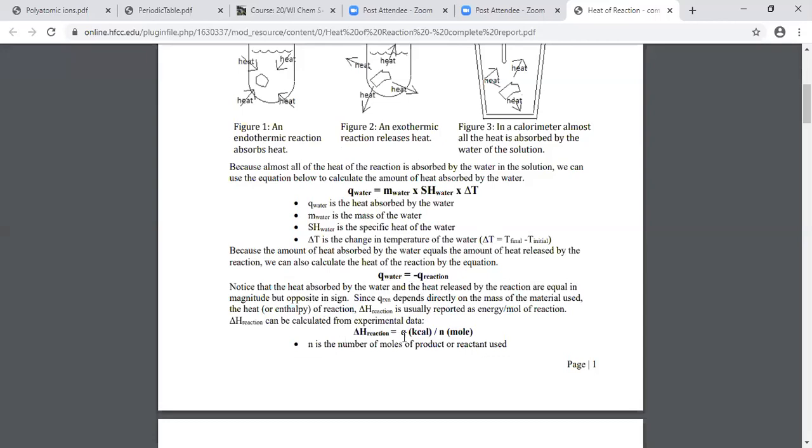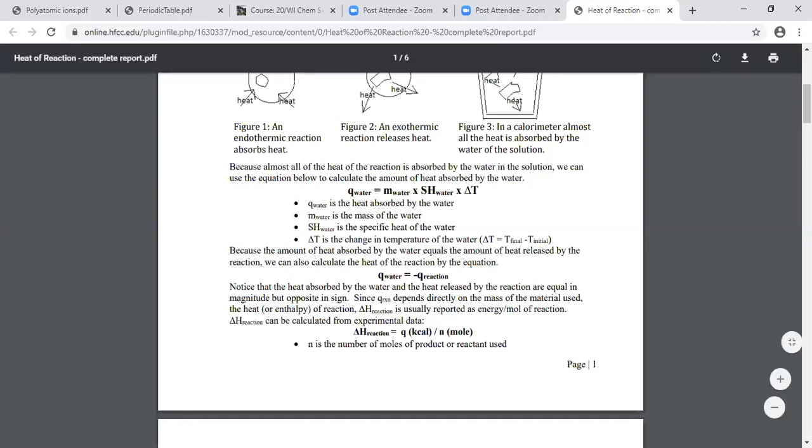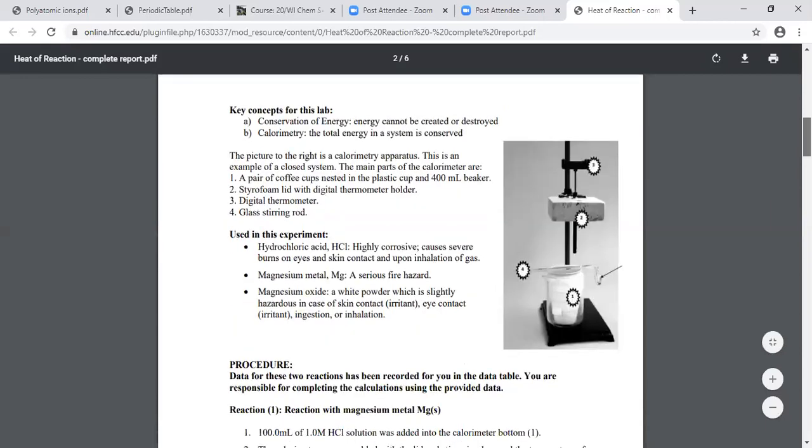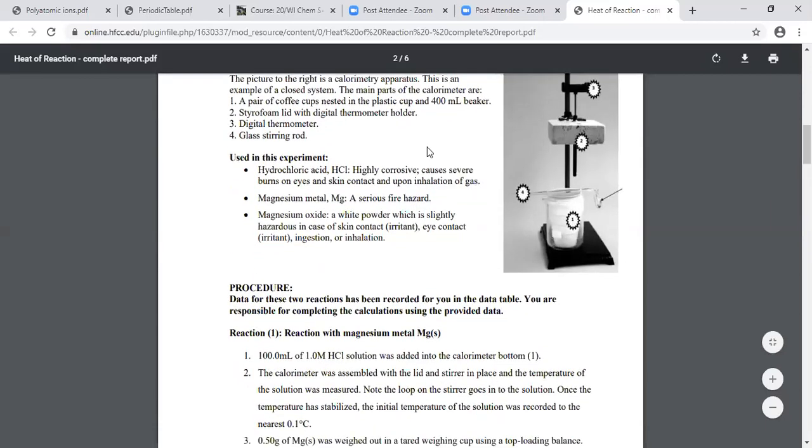And then we're going to be calculating the change in H of the reaction, which is equal to Q times kilocalories over n, which is the number of moles. I know that's a lot of equations to look at once, but we'll break it down a little, okay?